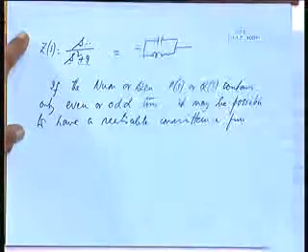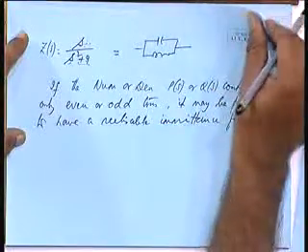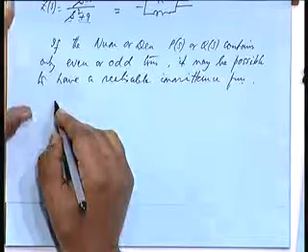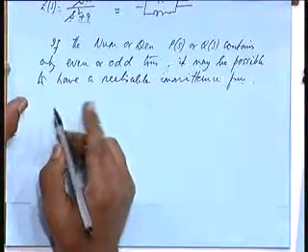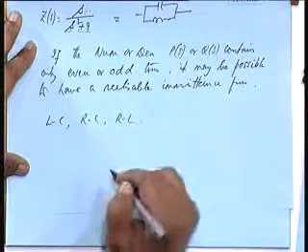Now let us see one or two simple functions we will take, and then we will see the properties of LC networks. We will take the typical structures of two element networks, that is either LC or RC or RL.